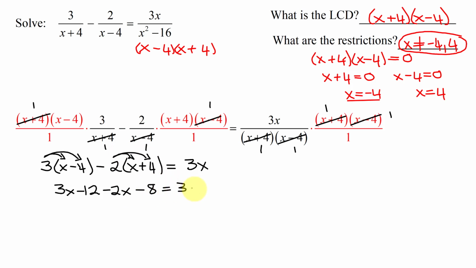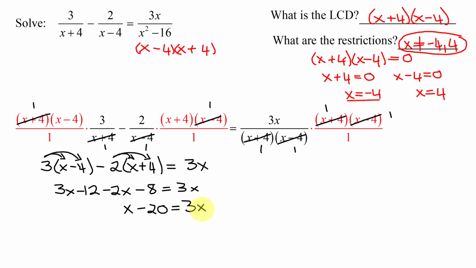And that equals 3x. On the left-hand side, I have like terms that I can combine. 3x minus 2x is 1x, or just plain old x. And then -12 added to a -8 is -20 equals 3x.